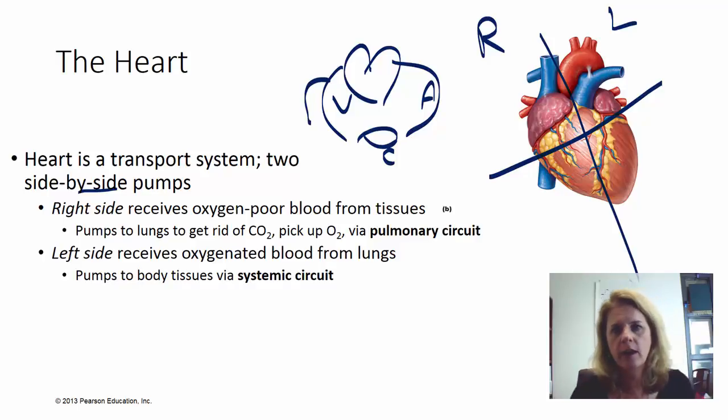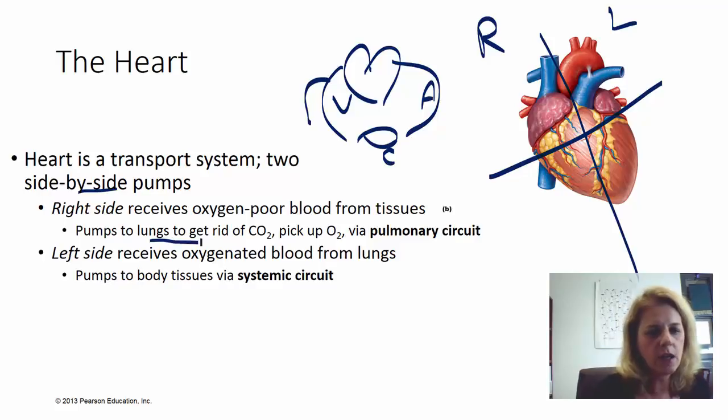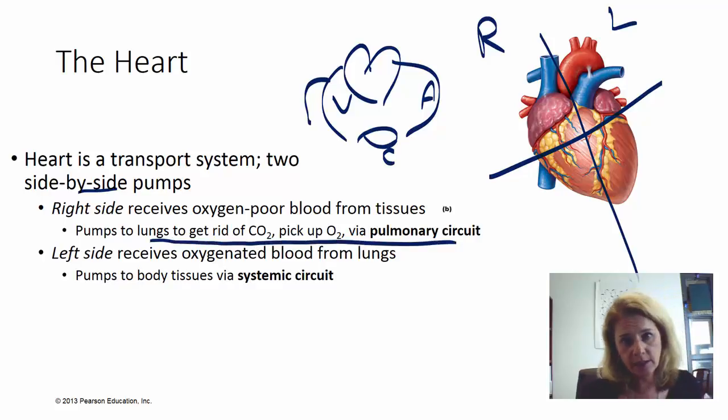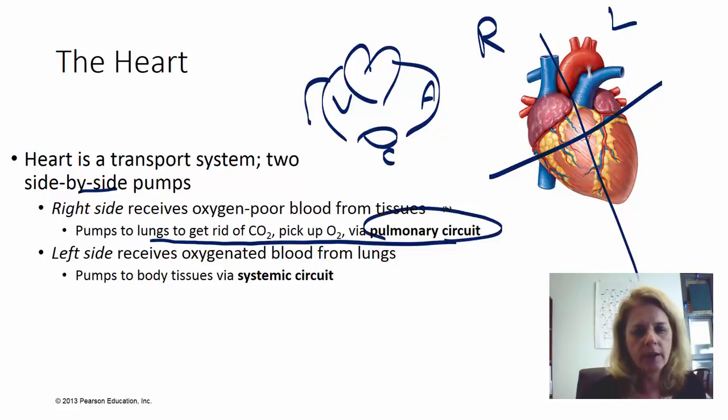So it's gone out and delivered oxygen, picked up CO2, and it's going to bring that deoxygenated blood to the right side. And then it's going to send that blood to the lungs to get rid of that CO2 and pick up oxygen via the pulmonary circuit. Okay, so the right side pumps to the pulmonary circuit.